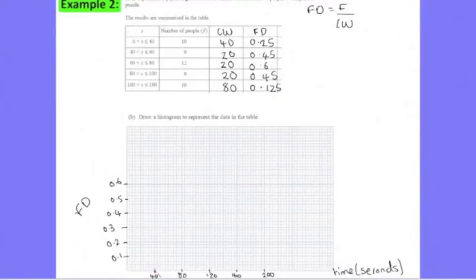Now, taking your ruler, we're going to plot the frequency density against the time, and the class widths are important. Our first class width goes from 0 to 40, and the frequency density is 0.25. So from 40 we go up to 0.25, ensuring it's in the right place, and then draw a line across at 0.25.